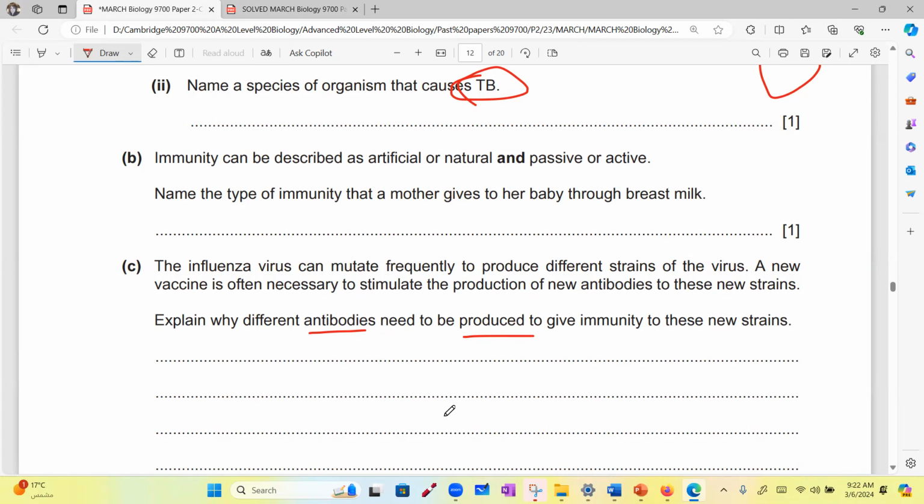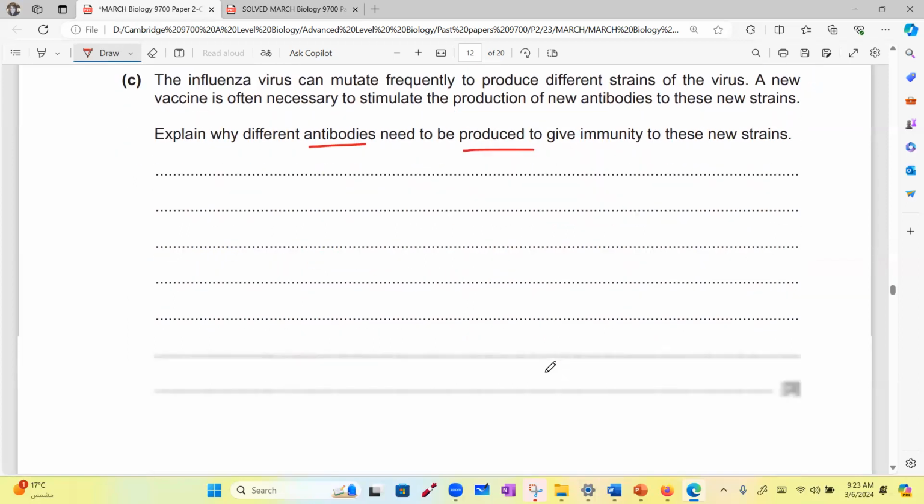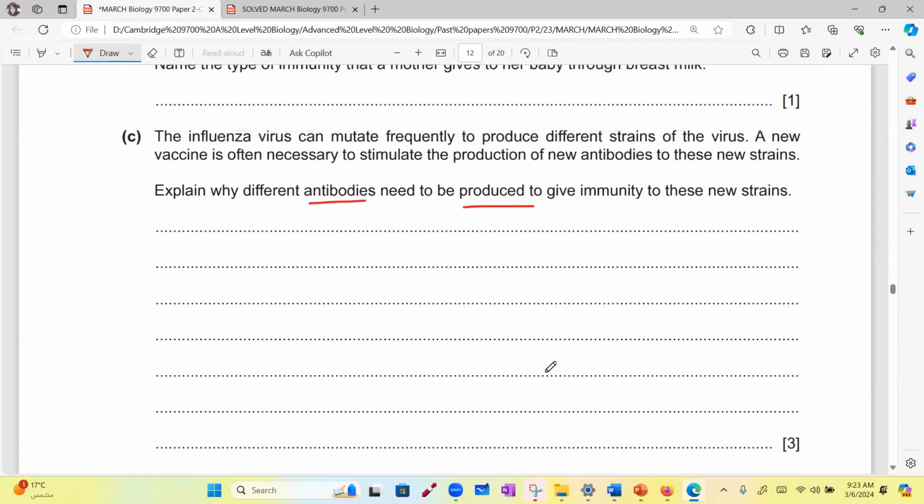Very good. Bravo. Perfect. We have different antigens of different shapes and they bind to different antibodies that are complementary. Okay, wait, how many marks? What if this question was out of more marks?